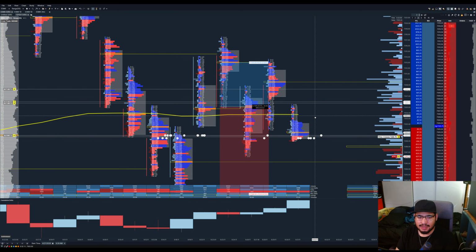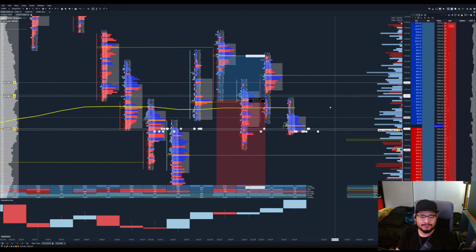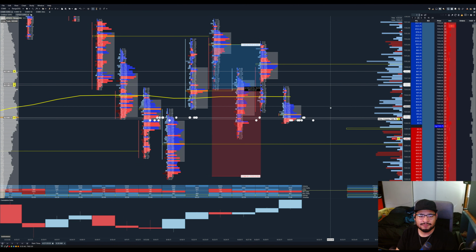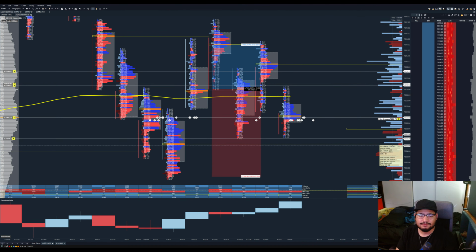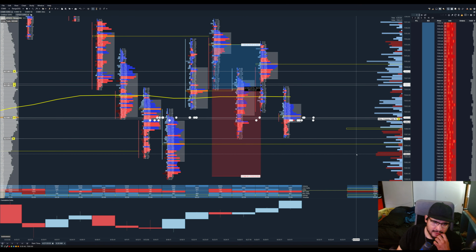We're a couple minutes in the 9:30 candle. Okay, it just hit my stop loss, so I think I'm done for the day. I have like 300-ish bucks I can lose on my 150K on my eval.